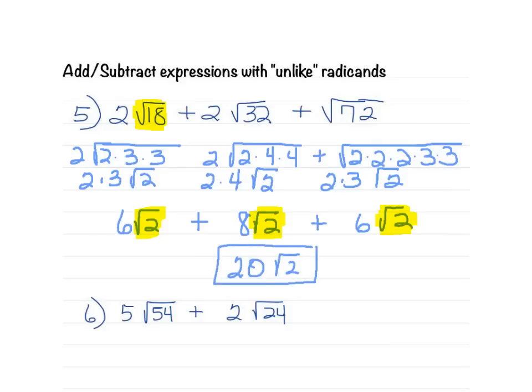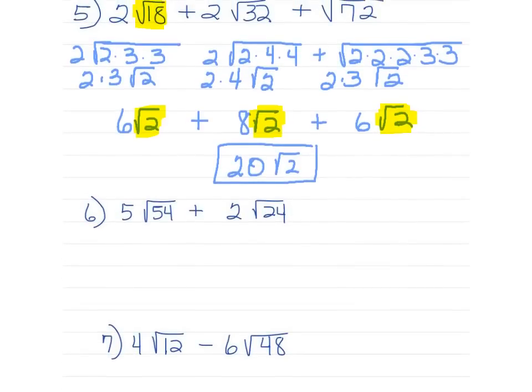Okay, let's go on to number 6. So we have 5 radical 54 plus 2 radical 24. Okay, so let's rewrite this one. 5 radical 54, and I think that 54 is 6 times 9, so that would be 2 times 3 times 3 times 3. 2 times 3 is 6, 3 times 3 is 9.